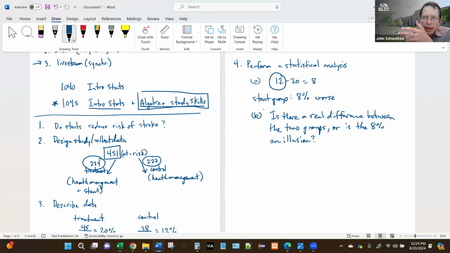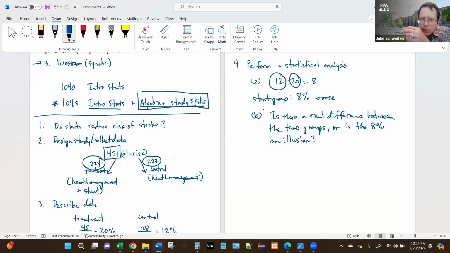That 12% might be higher if we did it again, and the 20% might be lower, right? And that would make the difference smaller, right? And maybe it would even flip, right? So I think if you're being honest with yourself, you can agree that it's at least possible that the 8% is just due to chance.